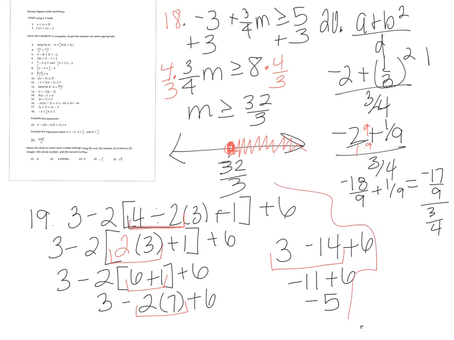When we have a fraction over a fraction, it just means really negative 17/9 divided by 3/4. And to divide fractions, we multiply by the reciprocal, times 4 over 3. And there's no cross canceling there. So our denominator is 27. And our numerator is negative 68. So our final answer is negative 68 over 27.